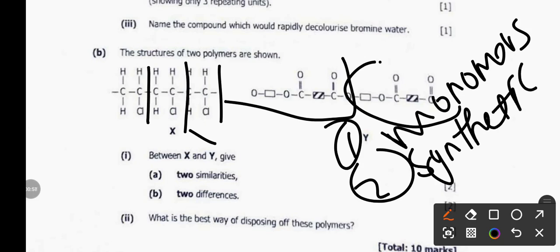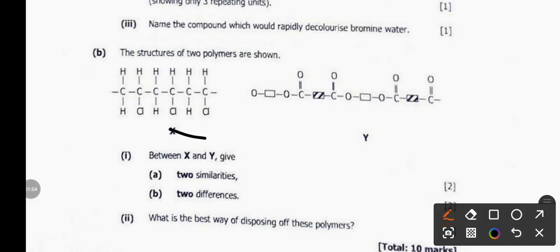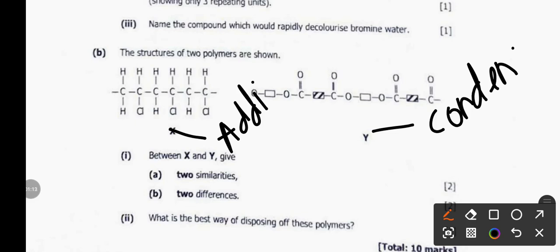Then for the differences that we can give here, polymer X is formed by addition polymerization, while polymer Y is formed by condensation polymerization.